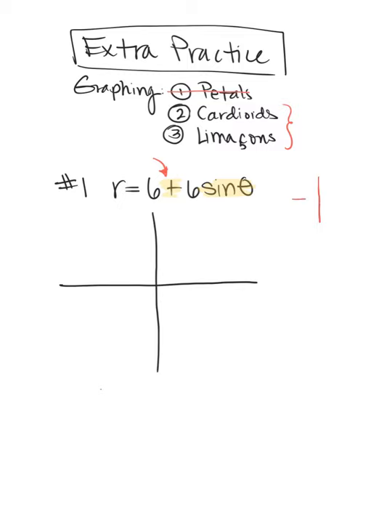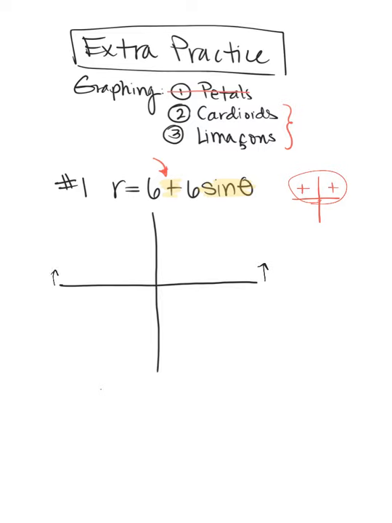I know sine theta is positive when I go up, so that gives me the orientation of the graph. So the graph would be up here somewhere, and I know I'm going to be going upwards from this way right here.